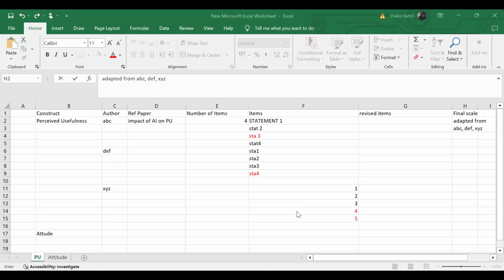However, if you are not taking anything from the previous literature, and you think that things have changed and that construct cannot be defined in the way it has been defined previously, then it is a case of scale development. Unless that scale has been validated, the items cannot be used. So you have to first validate or build the scale, and then you can use it. But if you're adding one or two items based on your objectives, then it doesn't need any scale development, right? But it requires EFA.